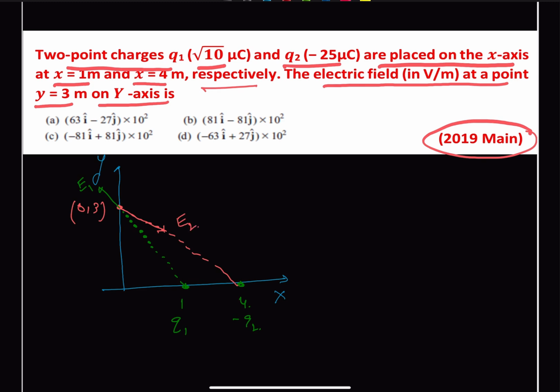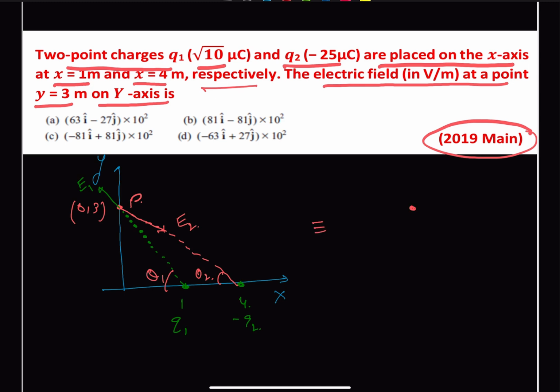Let us suppose their angles are theta 1 and theta 2, and this is our point P.